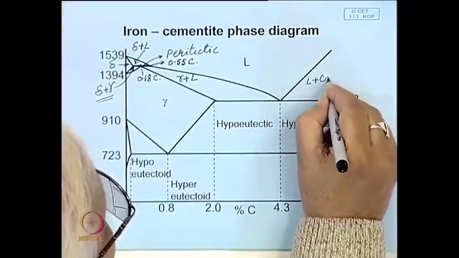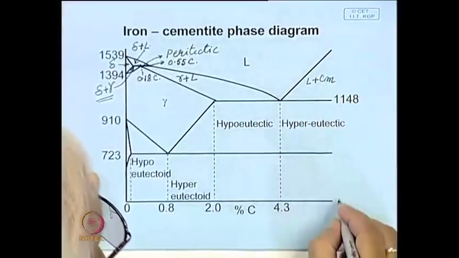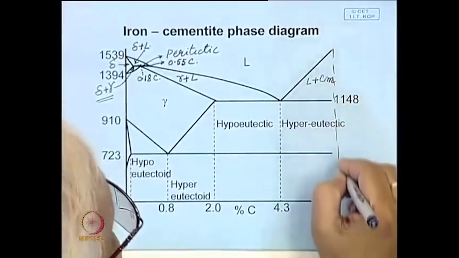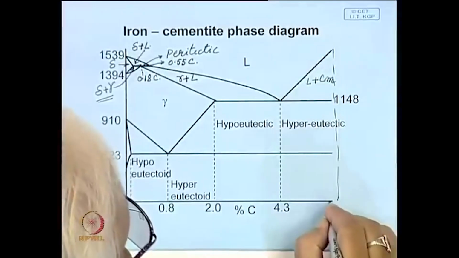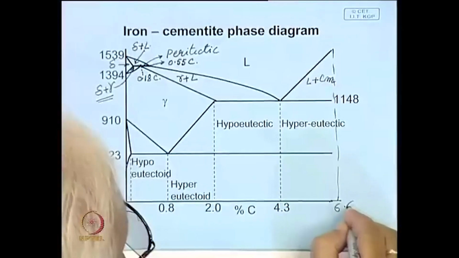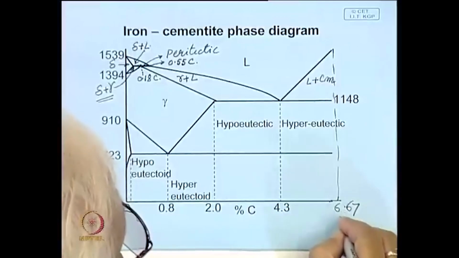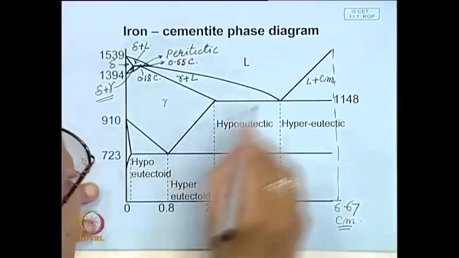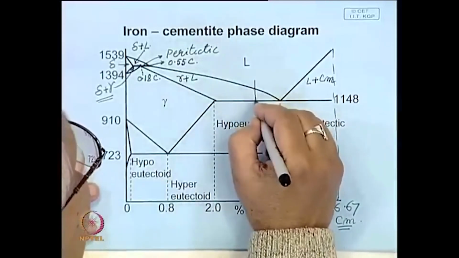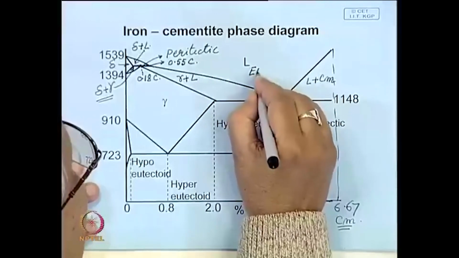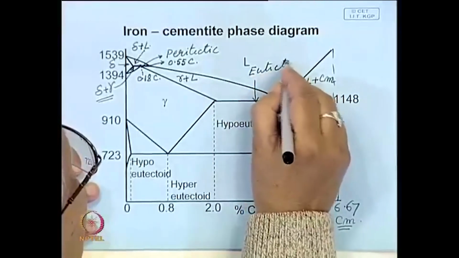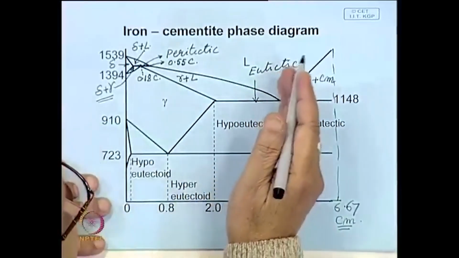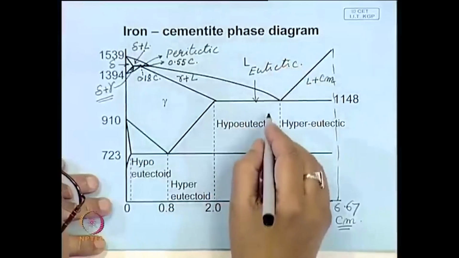From liquid, cementite will precipitate out, and this diagram represents 6.67% carbon. That means this line represents cementite, and this isotherm is called eutectic, and the same terminology is followed.